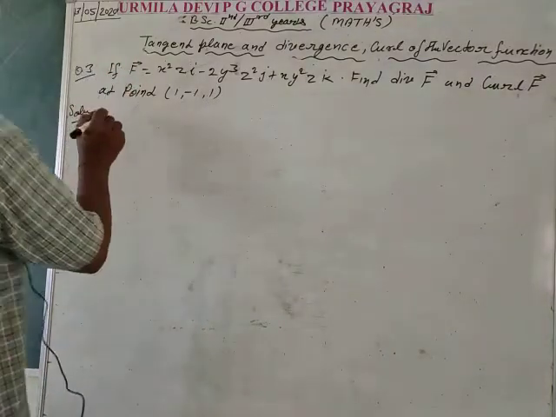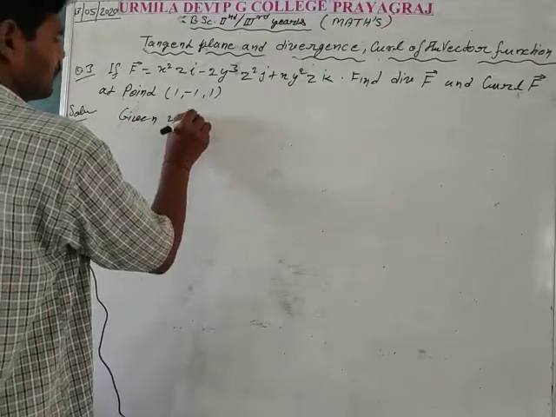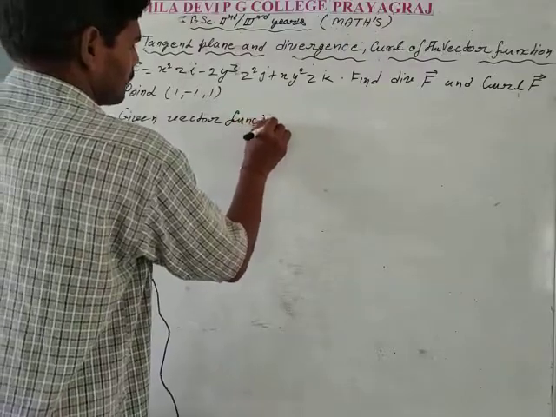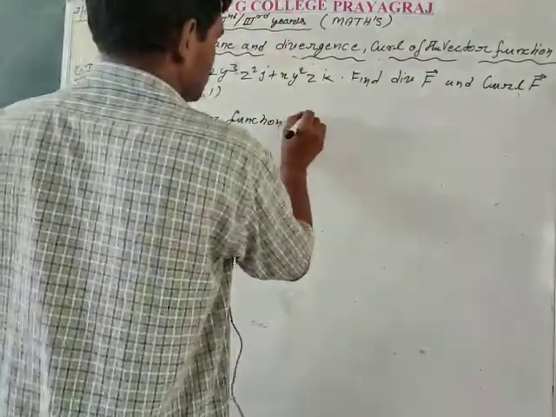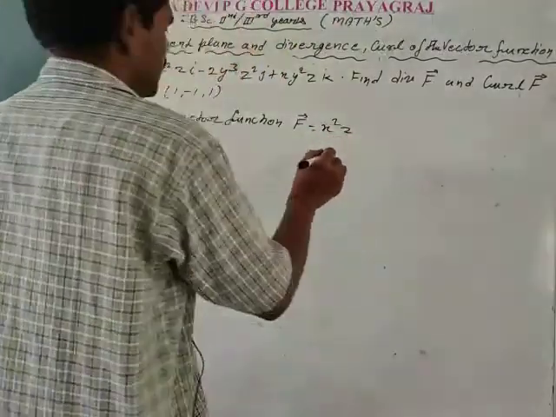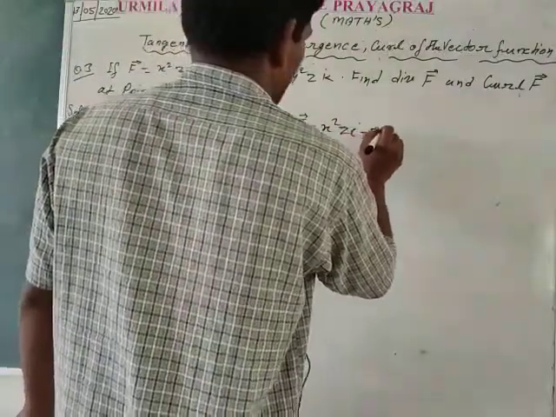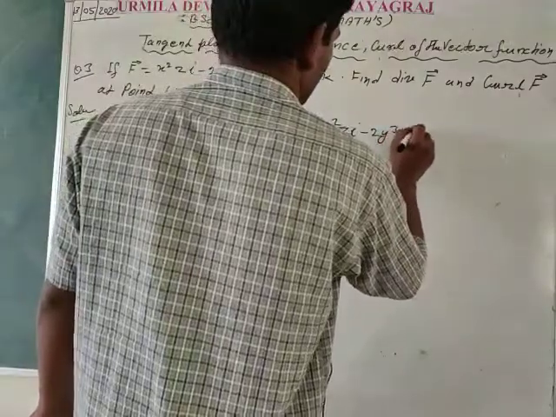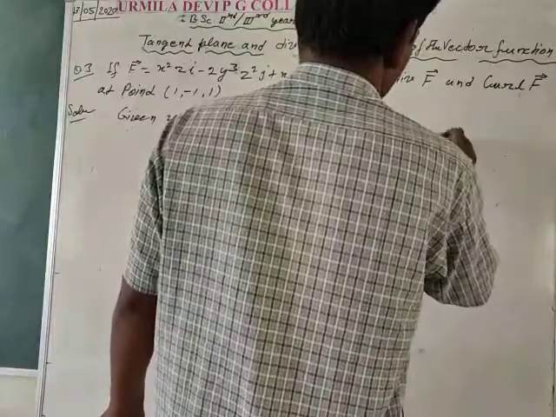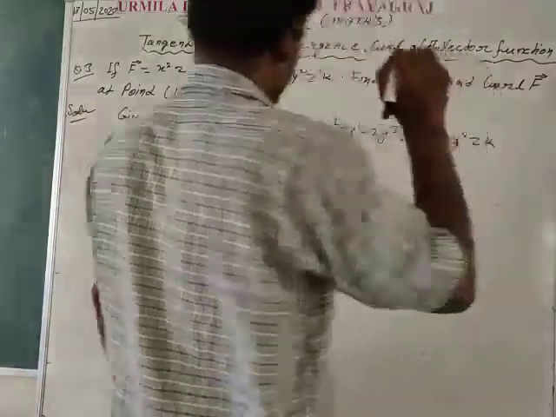So first write the given vector function, capital F is equal to x squared z times i minus 2 y cubed z squared j plus x y squared z times k.